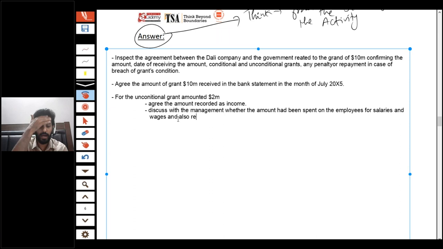You will be reviewing the evidences and also review the payroll records to agree that the amount had been spent on the employees' salaries and wages. So this should be the procedure.